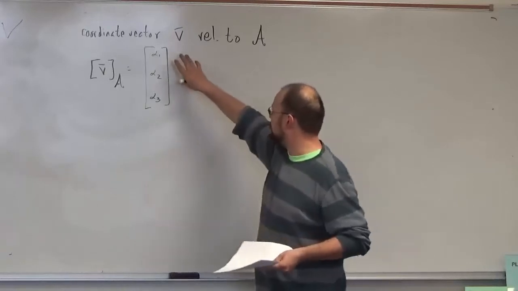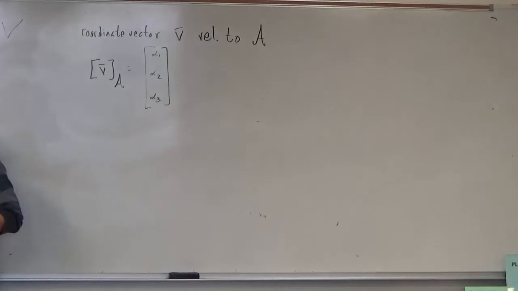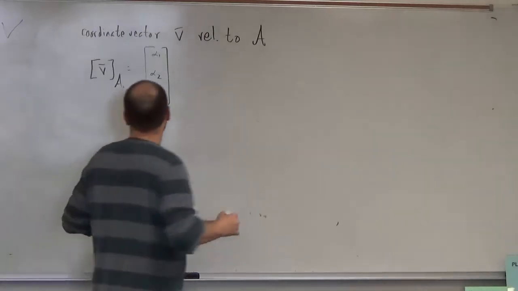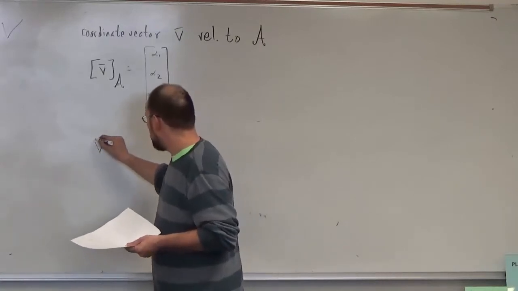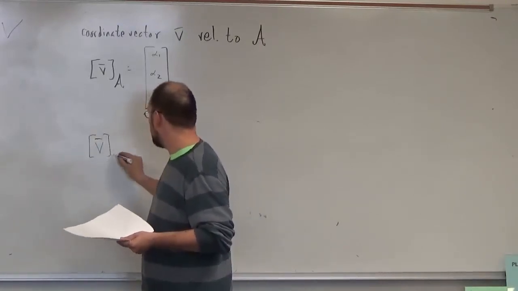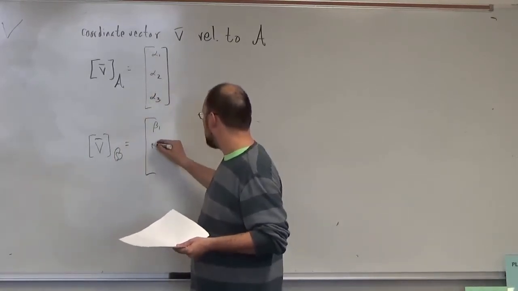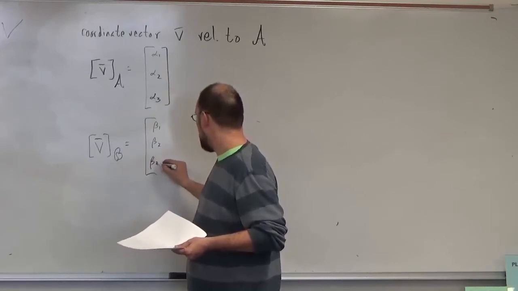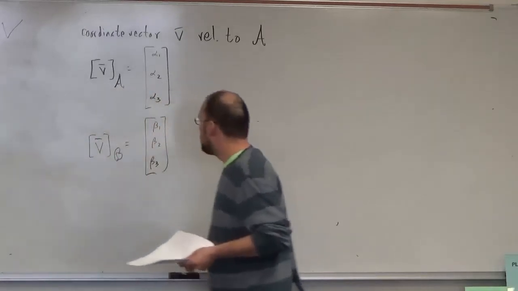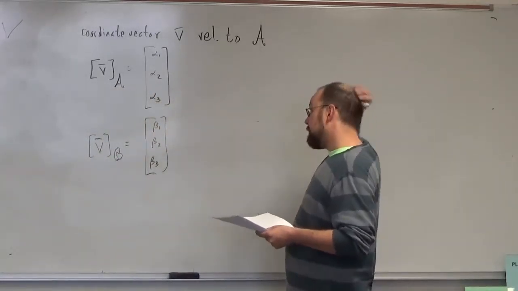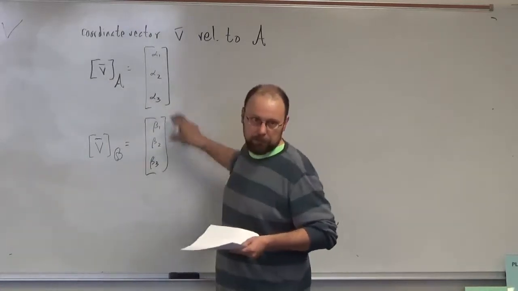So the coordinate vector consists of the coefficients in the linear combination of the basis elements that give you the vector. So you take the same vector, and now the coordinate vector relative to basis B would be the column vector whose entries are the coordinates relative to basis B. Beta 1, beta 2, beta 3. So notice that I could have the same vector, but the coordinate vectors are different because you're using different bases.